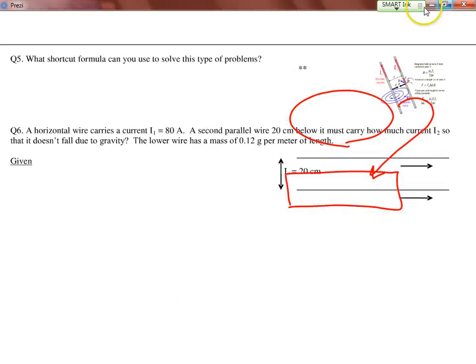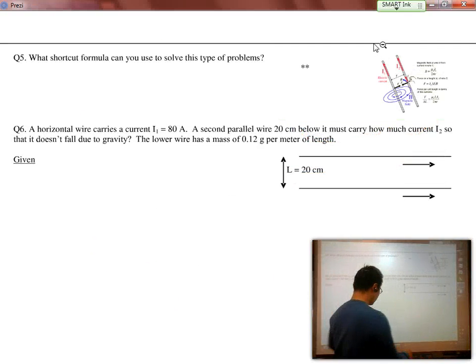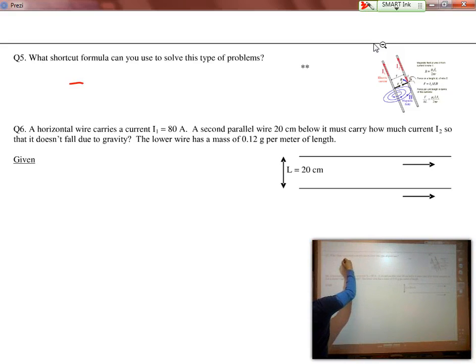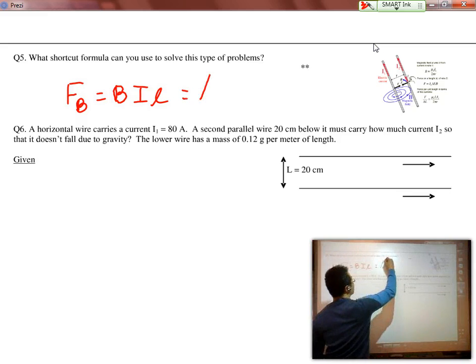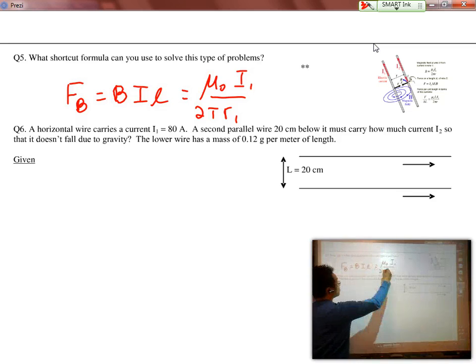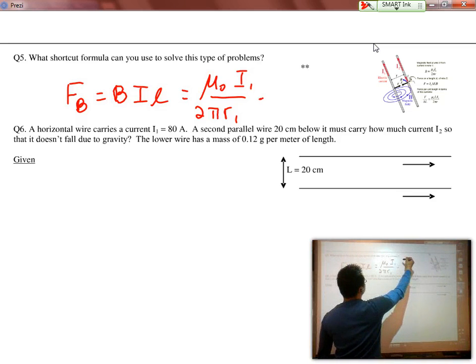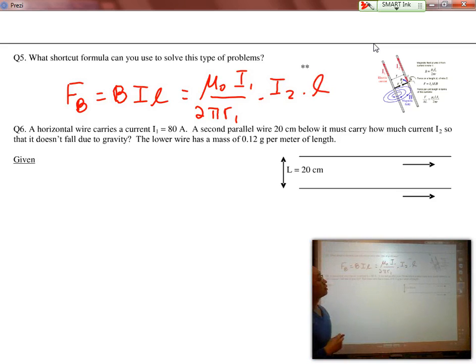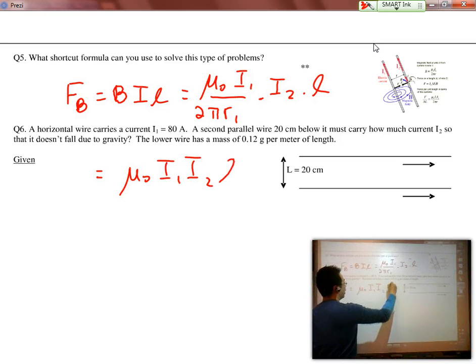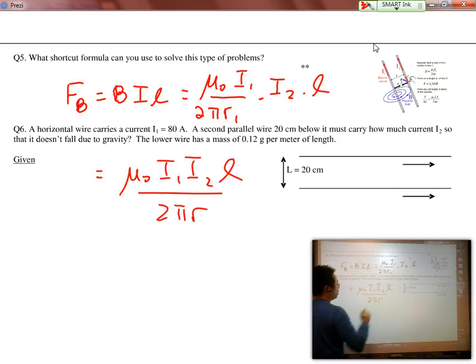So FB is equal to BIL, which is really equal to mu naught I1 over 2 pi R, times I2 times L. So it's really equal to mu naught I1 I2 L over 2 pi R.